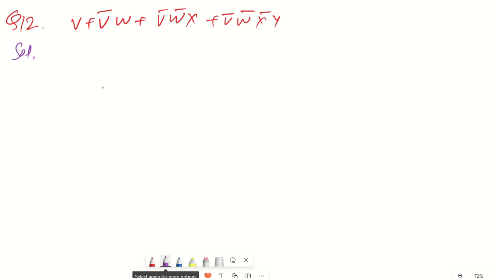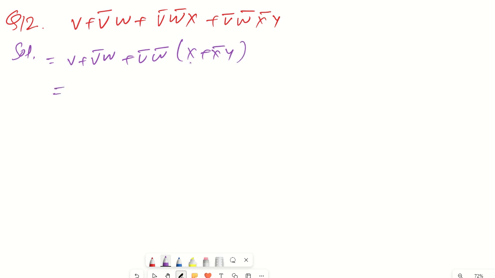So what we can do is, we can write the above expression as, can I take v bar w bar common from the last two terms? So we can do that. V plus v bar w plus v bar w bar into x plus x bar y.